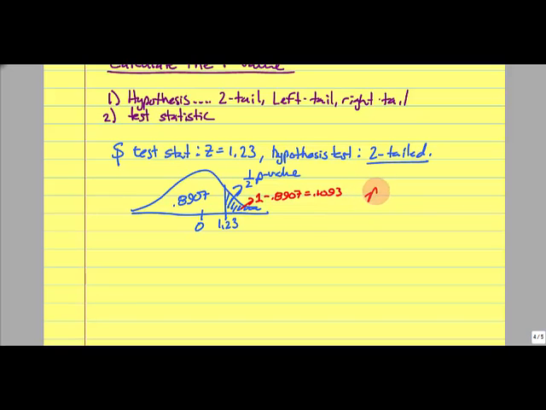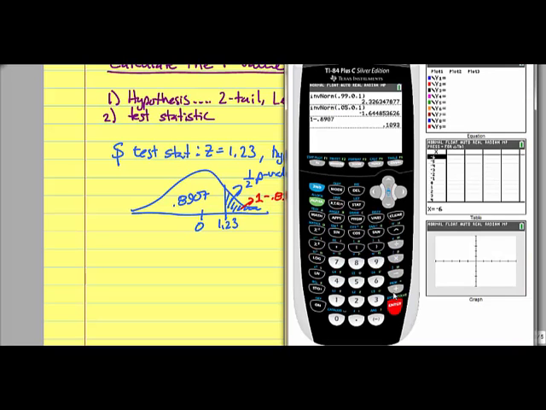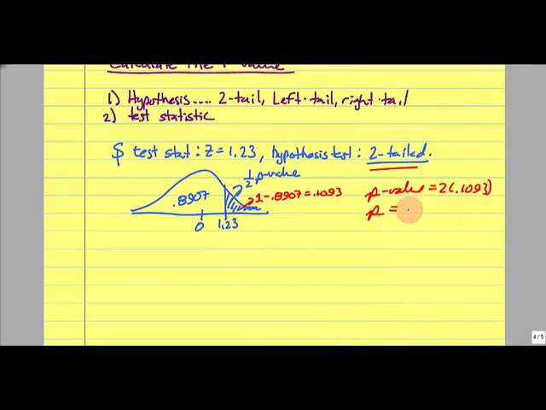So my p-value, because this is a two-sided test, is 2 times 0.1093, so p is 0.2186. This is my p-value, and again, this is because it was a two-tailed test.